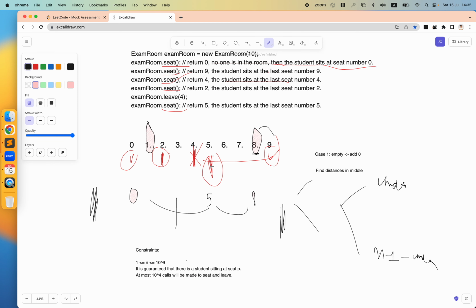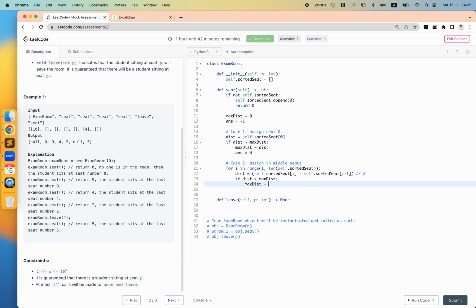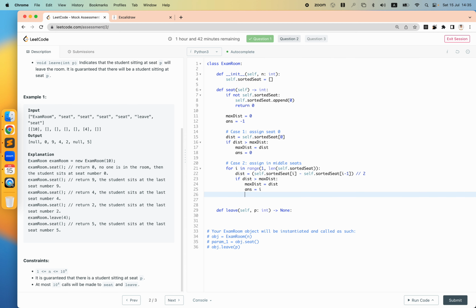So divided by 2, like this one is 3, so it's divided by 2. Okay, so this here is greater than max distance, then max distance equals this, answer equals i.